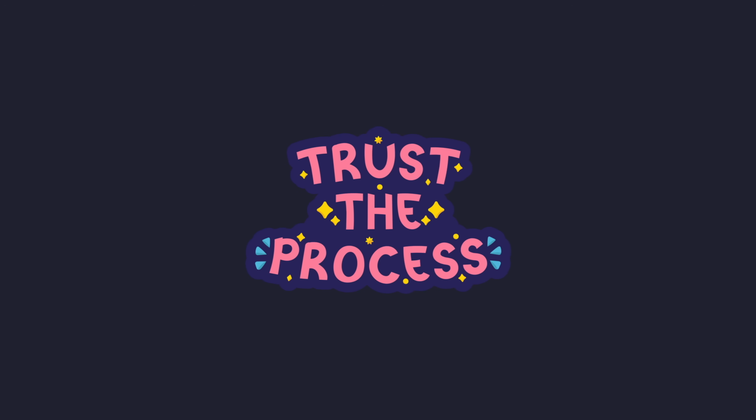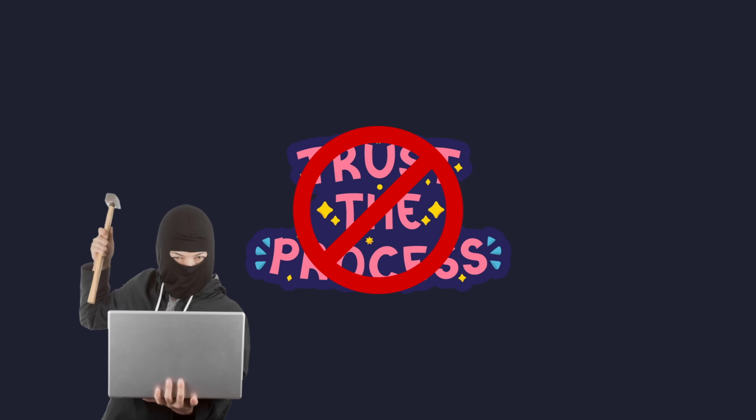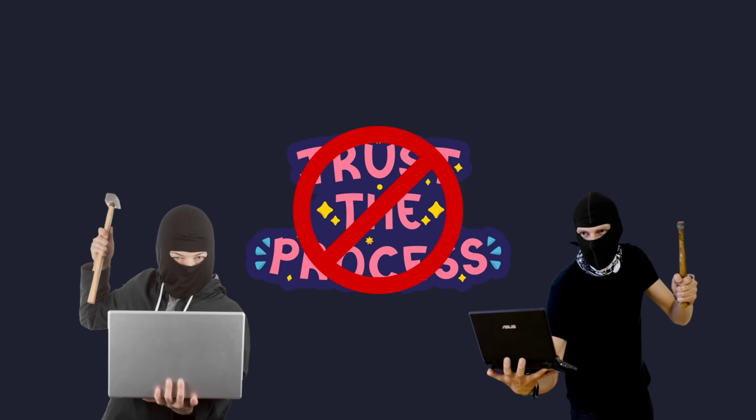You might remember I used the sticker, trust the process, but you should not do that. Because you know who writes processes? That's right, hackers. And you know who wants to steal your data? That's right, also hackers. Essentially, we don't want to just trust our processes blindly that they won't do anything harmful.